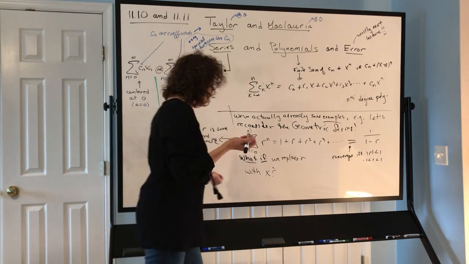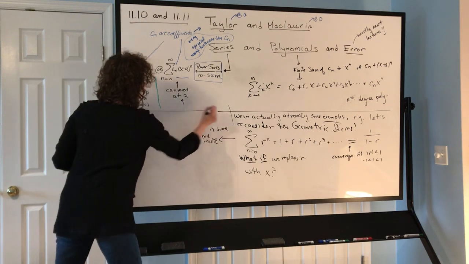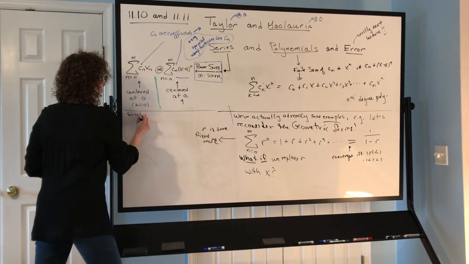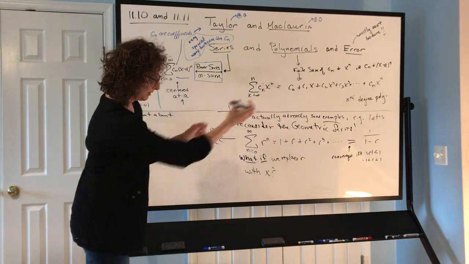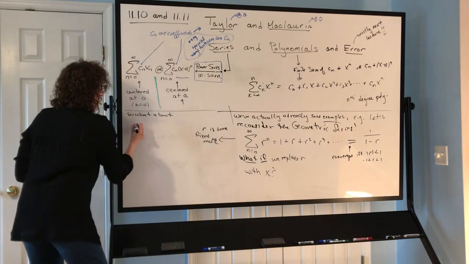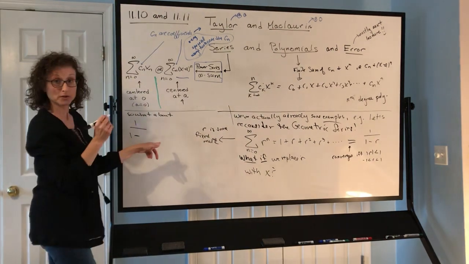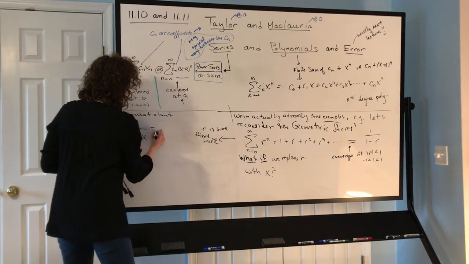Well, then we might be saying, hey, wait a minute, is this true? I'm going to write it the other way now. What if I replace r with x and I start with that formula over there? 1 over 1 minus x. What would I say that might be equal to?